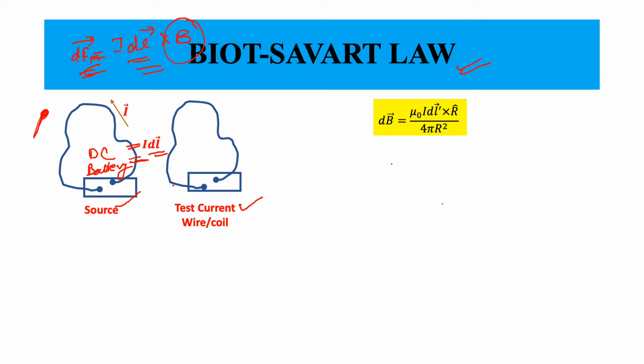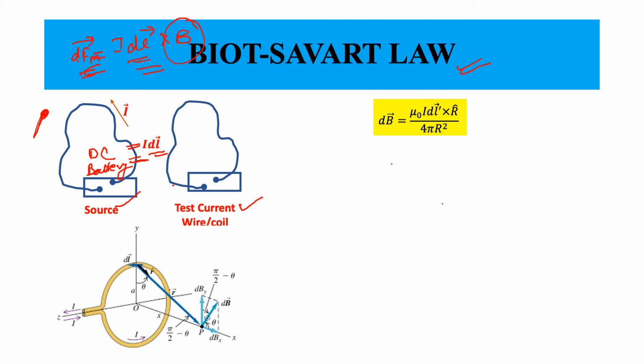So probably a picture would help here. I have some circuit. I want to find the field because of a small amount of current, and that is I dl'.